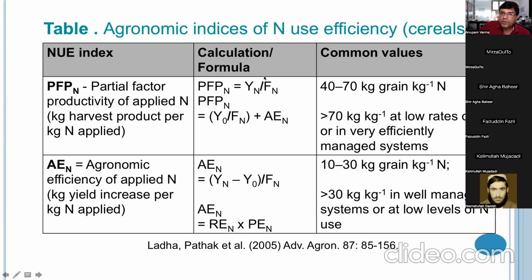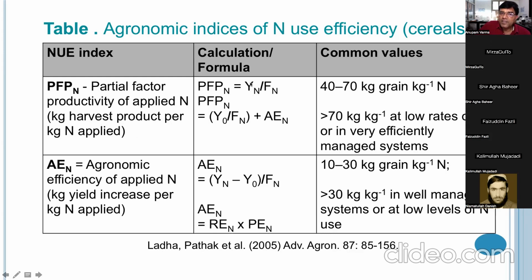Now here I want to clear your confusion. Here yield is, whatever yield you are getting here, this is not just because of fertilizer. This yield is coming, nitrogen is contributed here from the fertilizer and also from the soil.